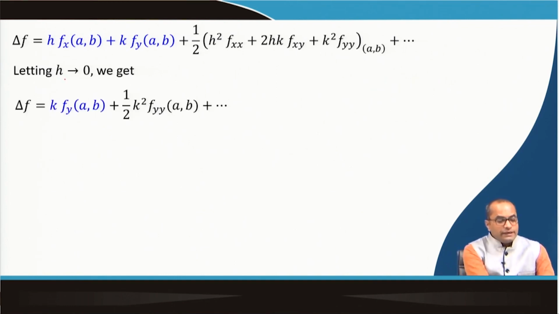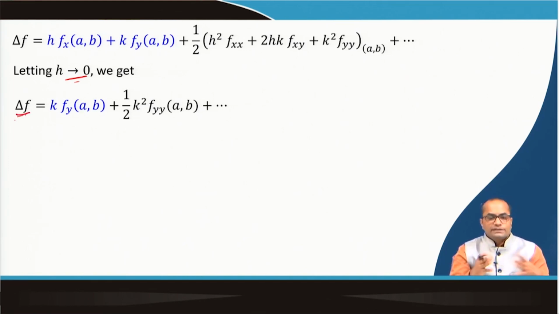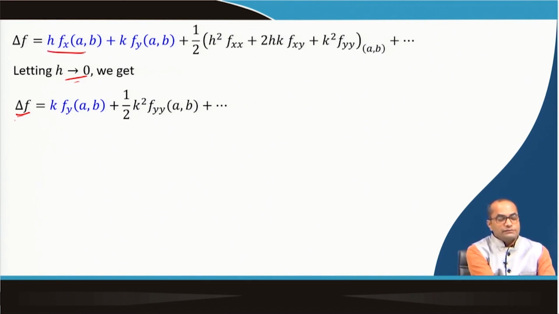So then if we let h go to 0, this delta f will be k f_y. Still this delta f is the same as before, but we have fixed a point in the neighborhood along the y axis, because we are letting h go to 0, so this term will also vanish.